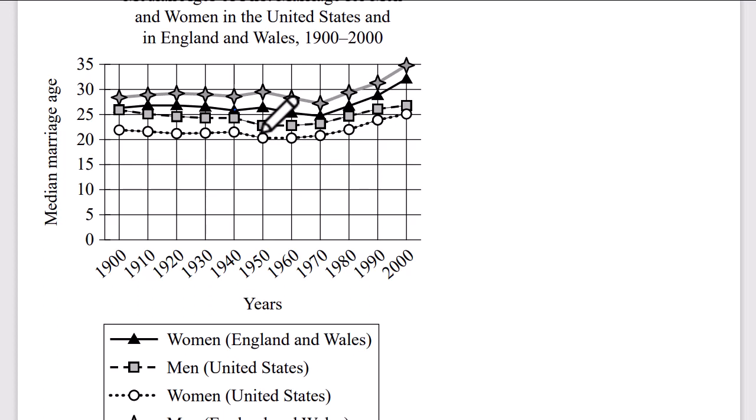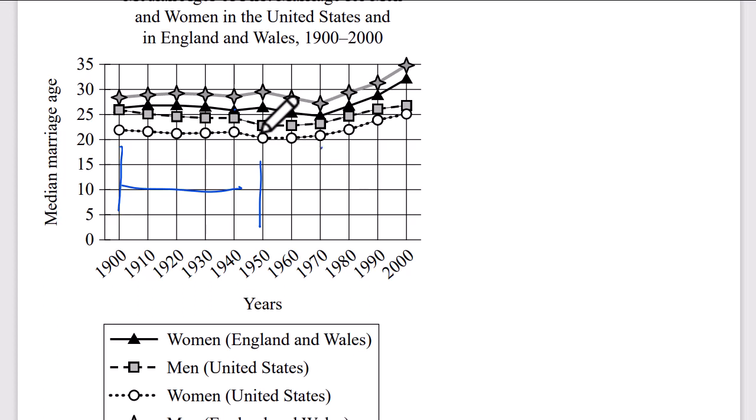So if we look at, say, the 1900 to 1950 block of time, well, they're pretty much flat, although it looks like the US men and women are going down slightly, whereas the English go up slightly. So that is a difference that would be due to other factors, right? So we're really looking for a difference.